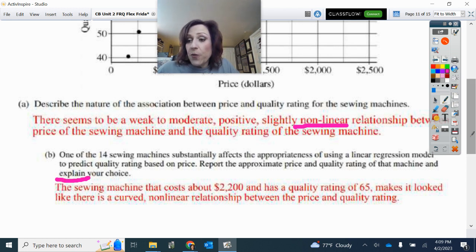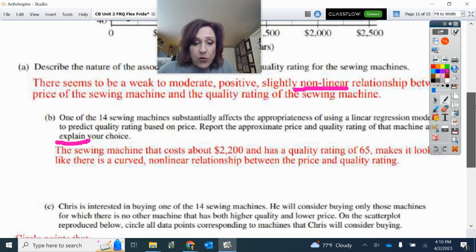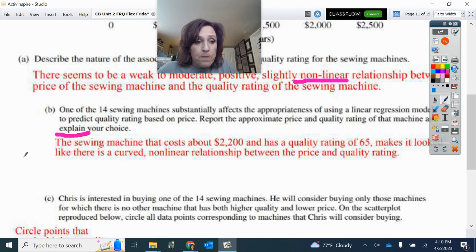Obviously this is the one that's out of whack because it had a higher price with lower quality than the other points. You have to have that connection, and it makes it appear as though there's a curved nonlinear relationship between that point and the rest.